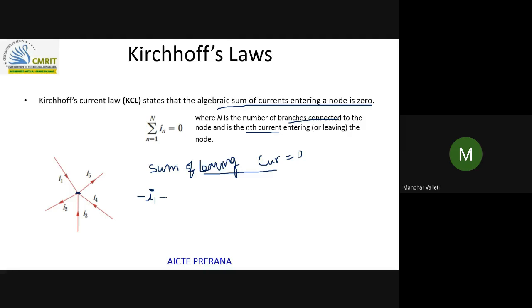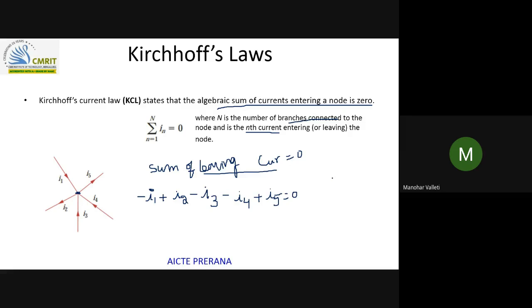Same way plus I2, minus I3, minus I4, plus I5 equal to 0. Like this, you will write the KCL equation at a node, right?